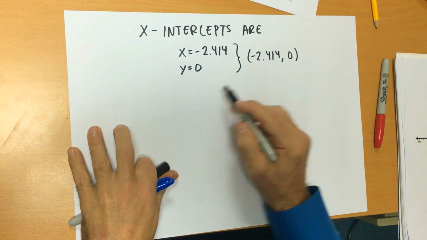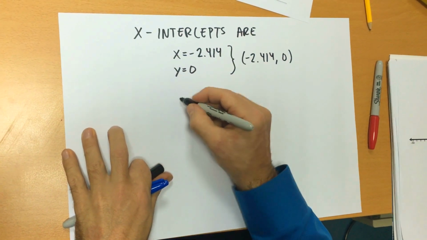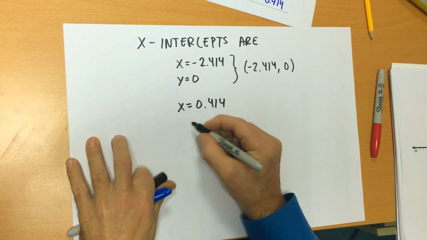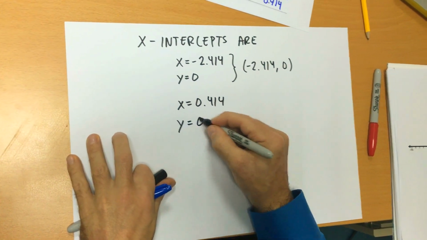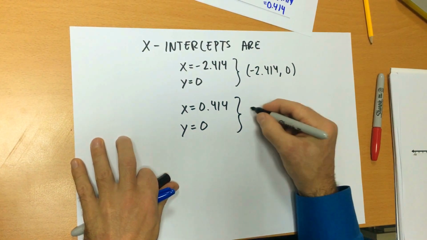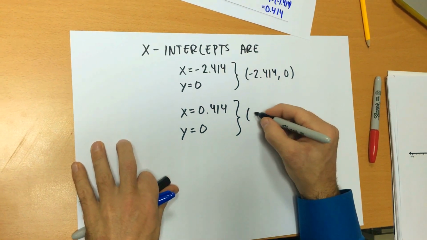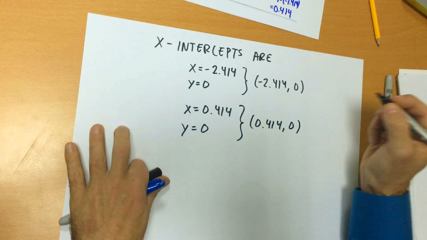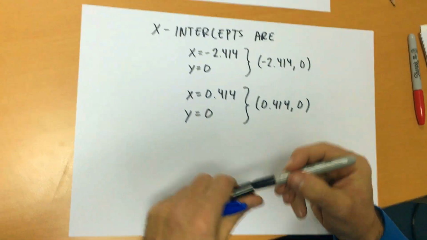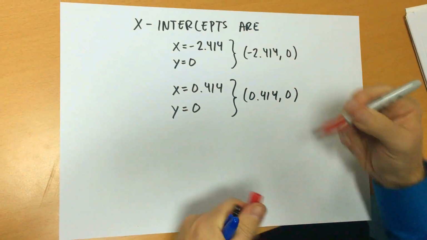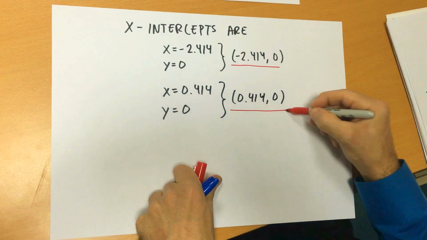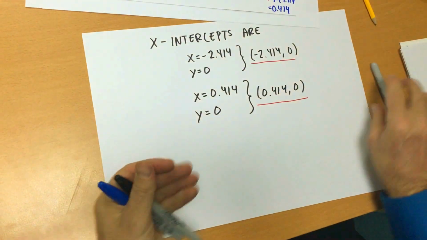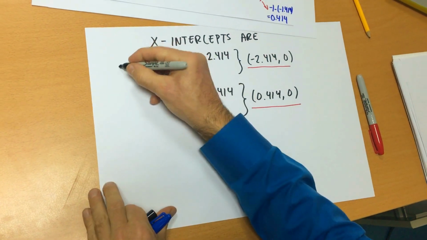Usually I want you to write it in this way. And x equal to 0.414, and y is equal to 0 as well. It's always equal to 0 when I'm at the x-intercepts. So I have 0.414, comma 0. So these are my two x-intercepts, here and here. And this was to finish up step number 6.